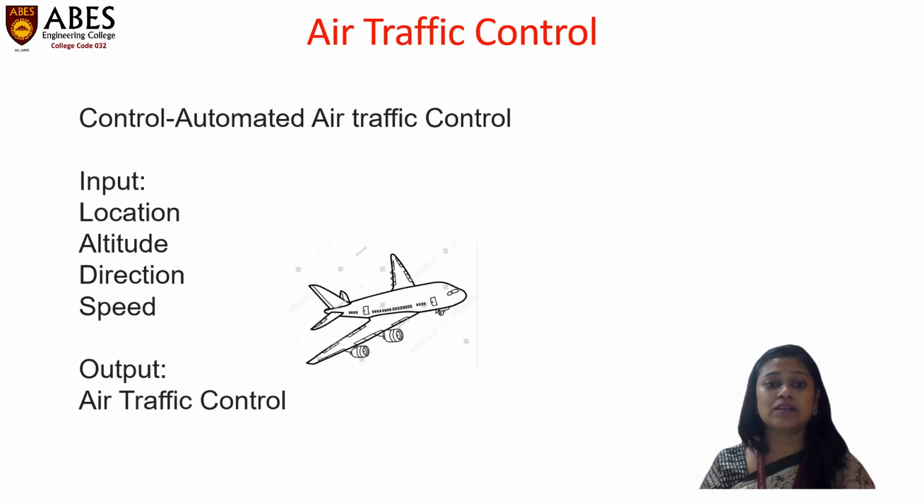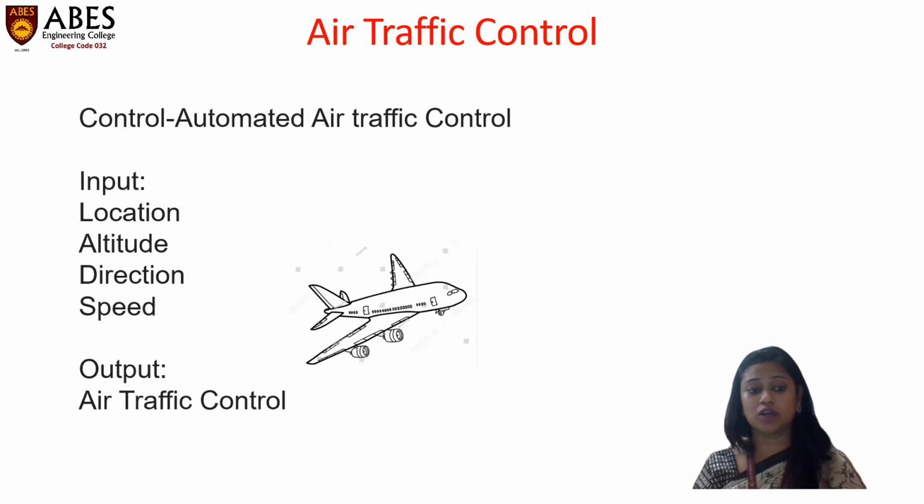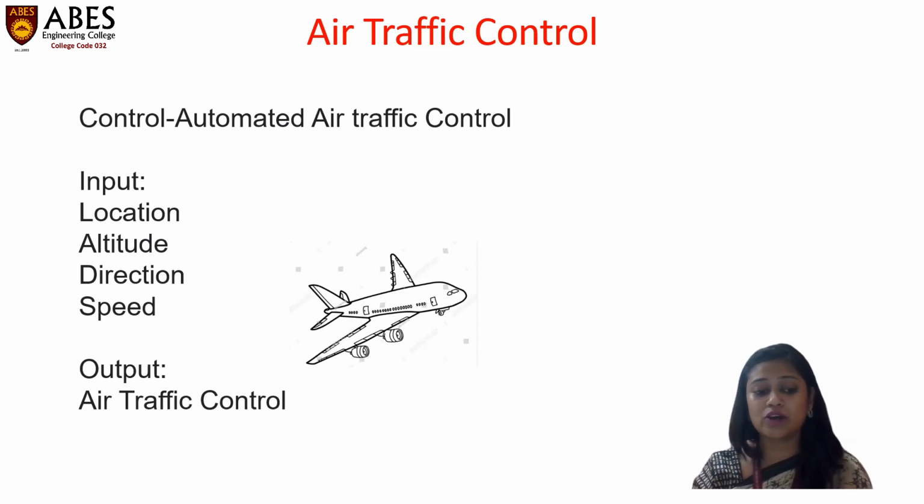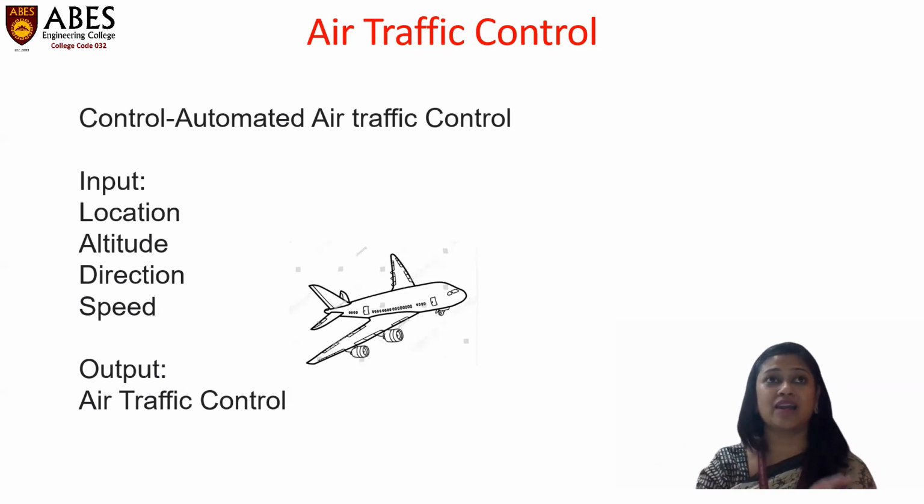So the first example is air traffic control. In this application, I need to take as input the location, altitude, direction, and speed. The desired output is automated air traffic control. Airlines follow different schedules, and we need to manage all the traffic in the air, ongoing and incoming.